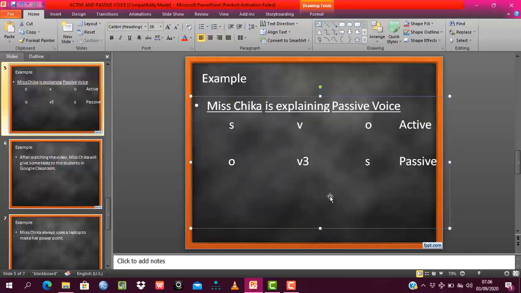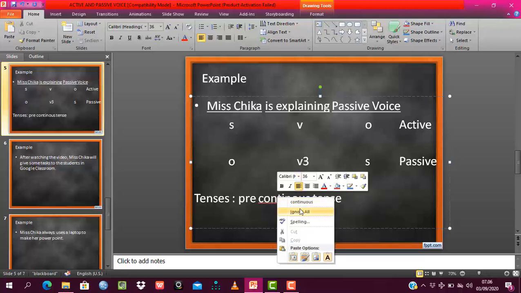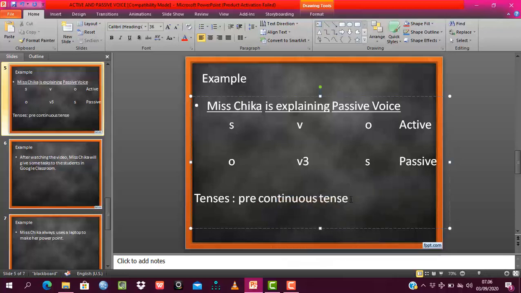Is explaining the tenses. What is the tense? Present continuous tense. If we talk about the present continuous tense, we must put being. Being, don't forget.